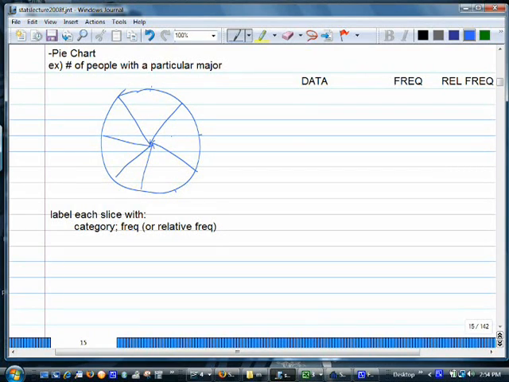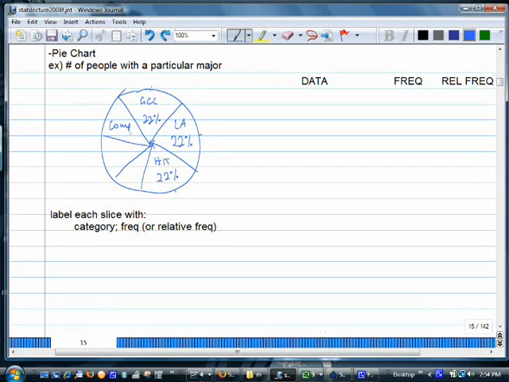And what else do we have? HIT gets a big slice. And then what do we have in the small slices? Computers 11%, science 11%, and business 11%. Okay.